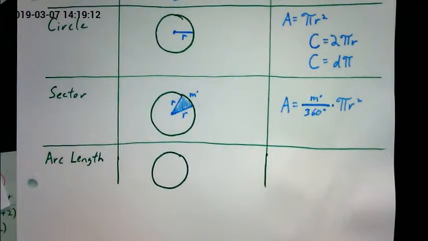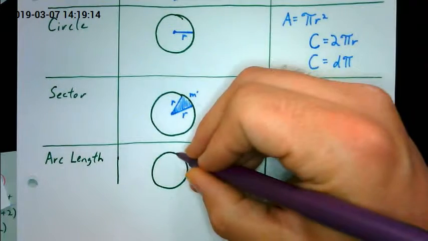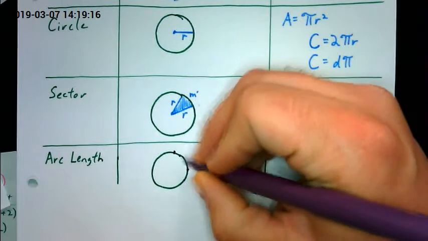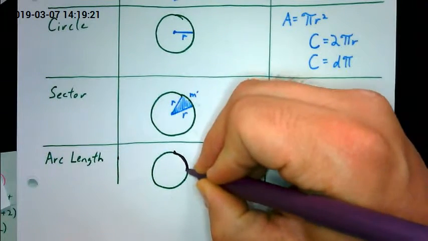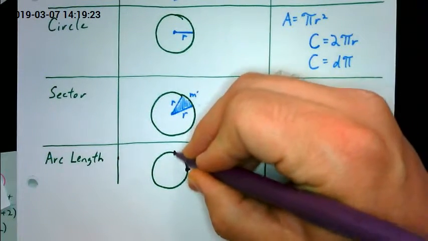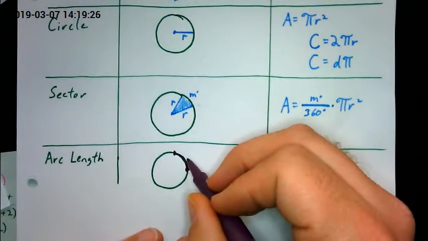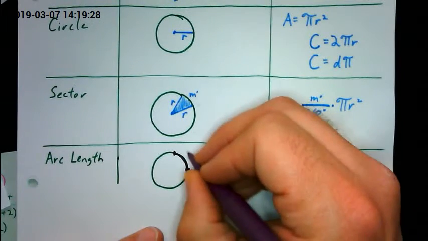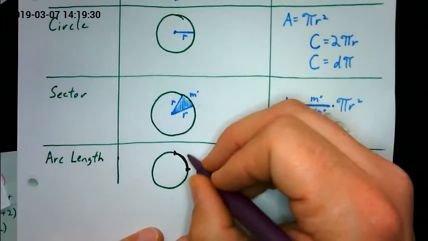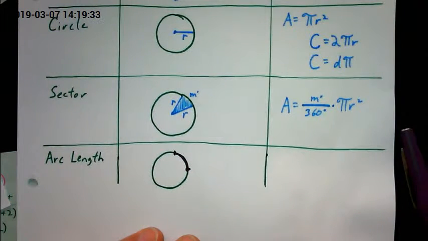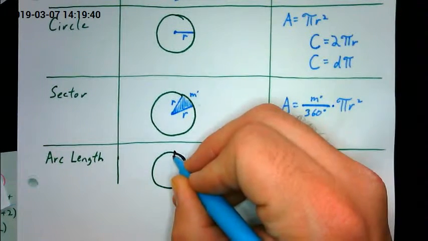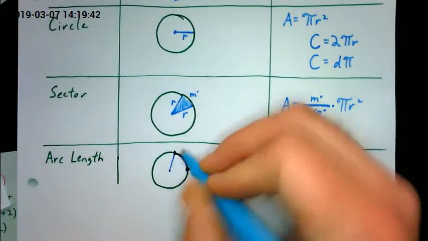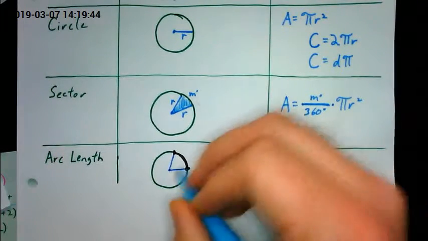For this one, if we are looking for the length of this section, we're again going to have to be given the measure of the arc, or the same way that I gave the measure out there, I could have also done it with my central angle that we had before.